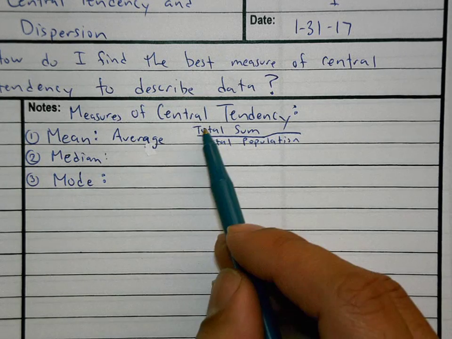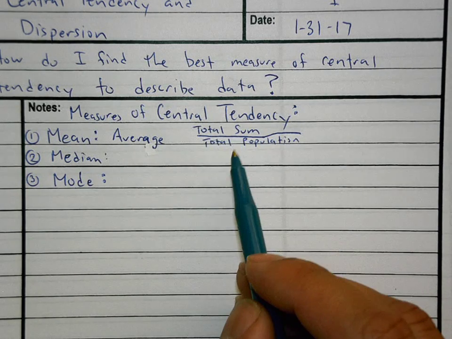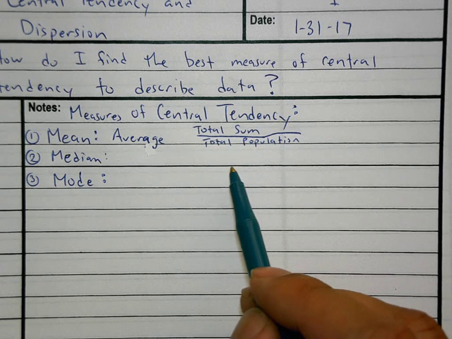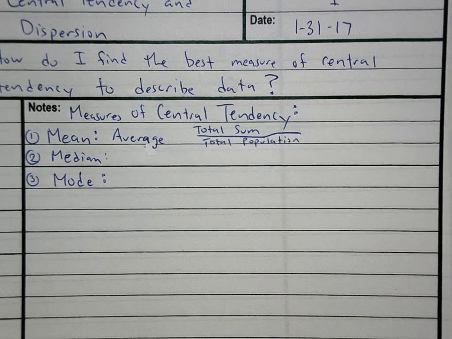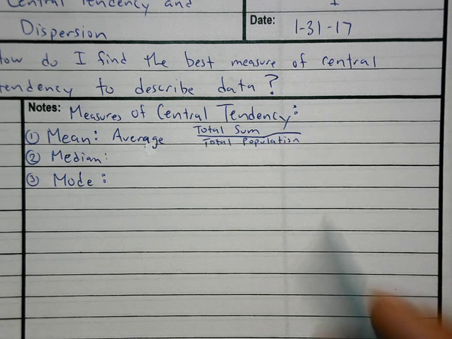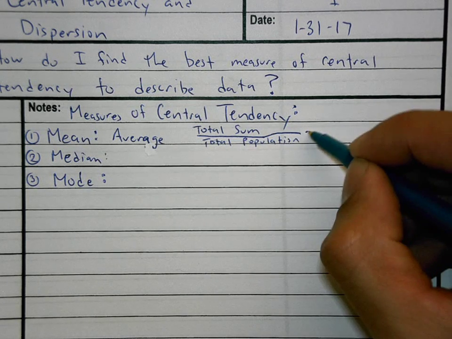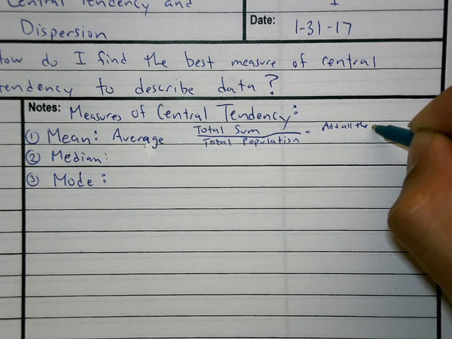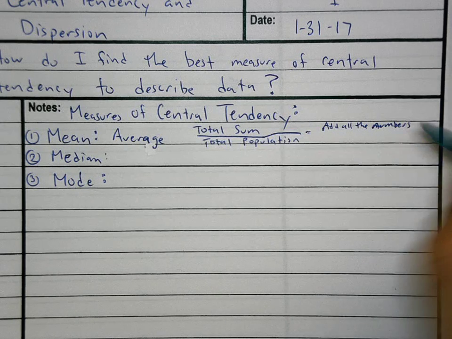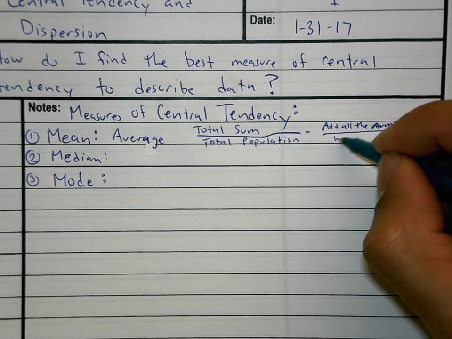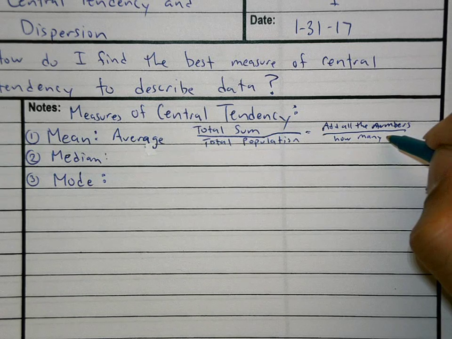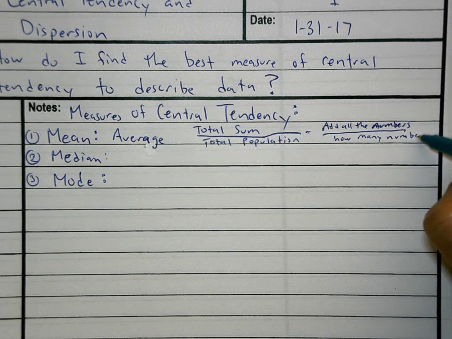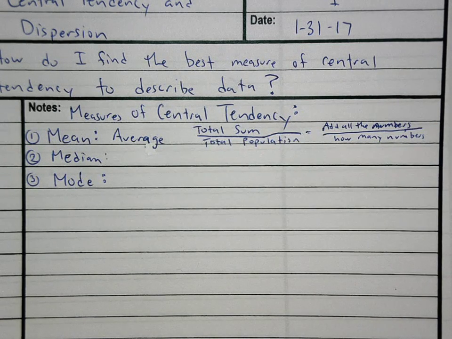Total sum, adding up all the numbers divided by how many numbers you have. If you need more detail, it's your total sum. You're adding up all the numbers and you're dividing it by how many numbers you have. Just in case you need that. That's how you find the mean.